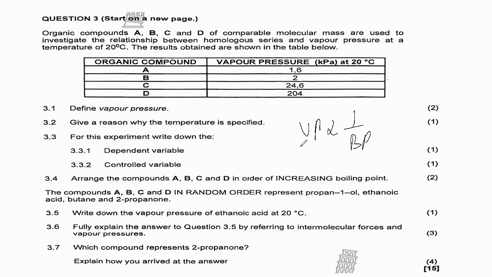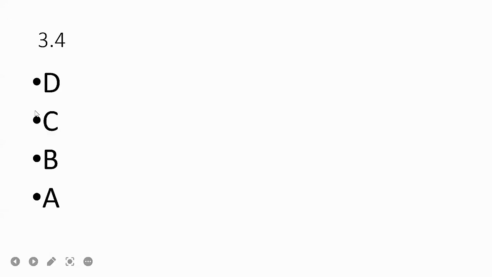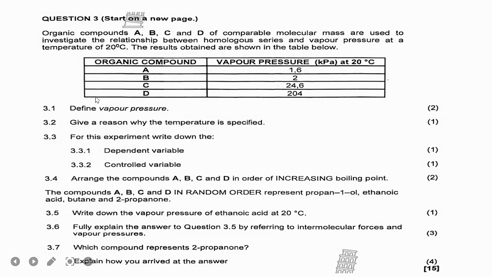So obviously the ones with the higher vapor pressure have the lowest boiling point. So if we put them in order of increasing boiling points, they will start from here and go up. This one has a lower boiling point, followed by that one, and this one here will have the highest boiling point according to the relationship. So my solution there, let's go check it, is just saying D, C, B, A, right? So writing it in descending alphabetical order.